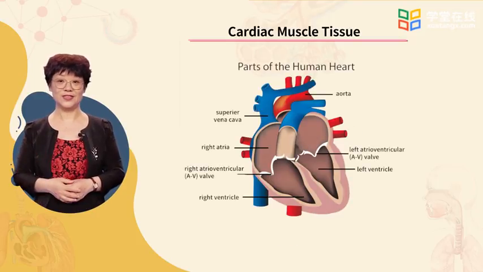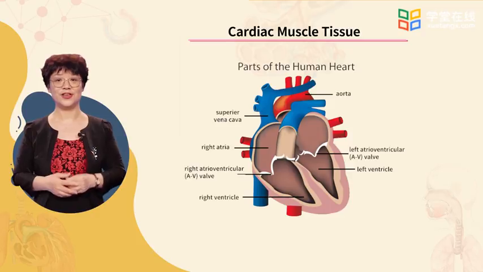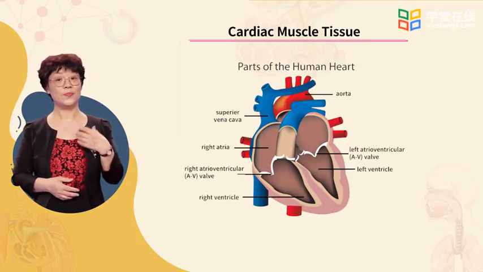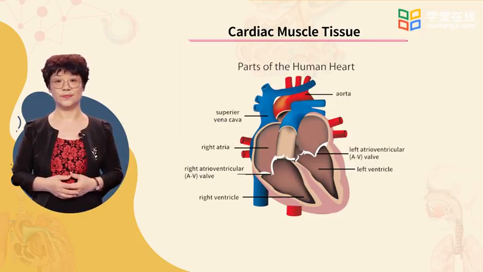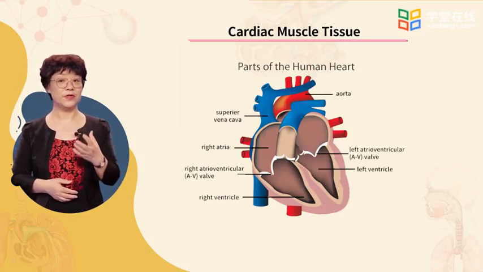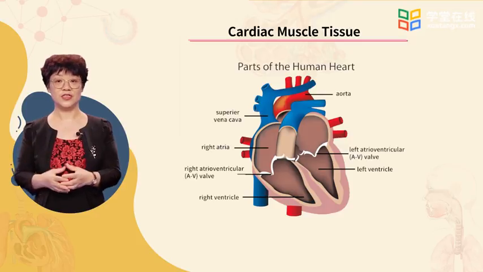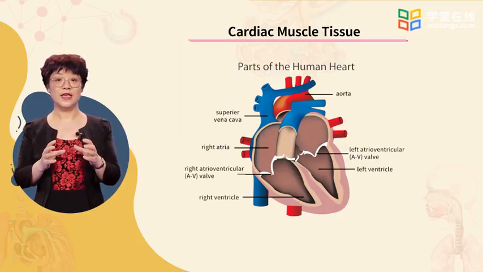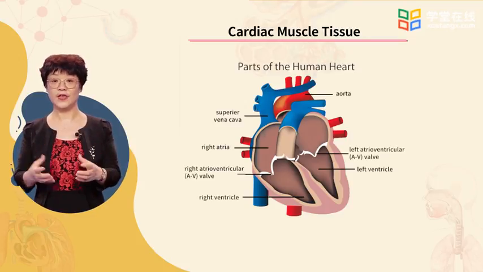The heart actually is composed of two syncytia, the atrial syncytium and the ventricular syncytium. The atria are separated from the ventricles by fibrous tissue that surrounds the atrioventricular valvular opening between the atria and the ventricles.